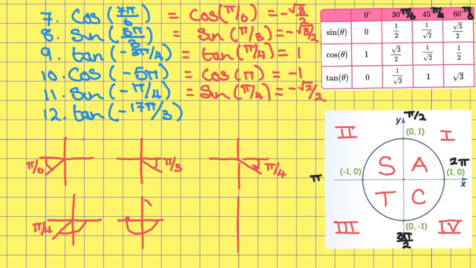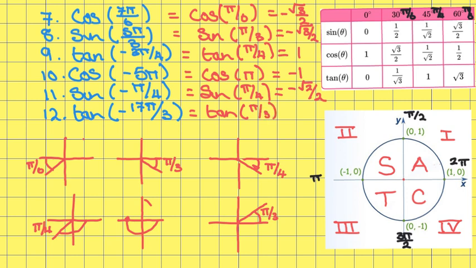And question 12, tan minus 17 pi over 3. Well, if you go round six times the wrong way, you will get back to the start. So we want to go nearly 6 times, so we want to go pi over 3 less. So that is the angle that we want. So we want tan pi over 3.